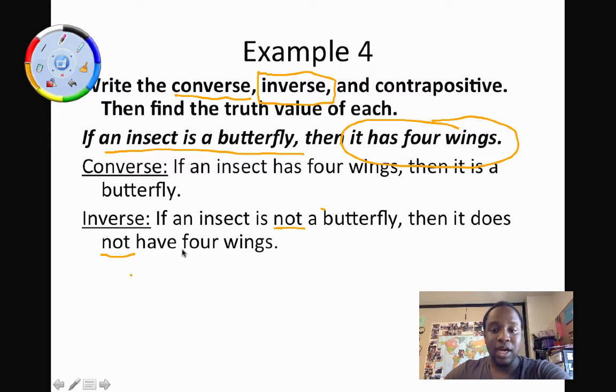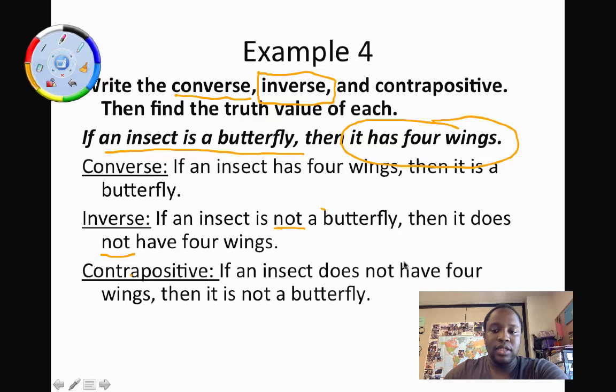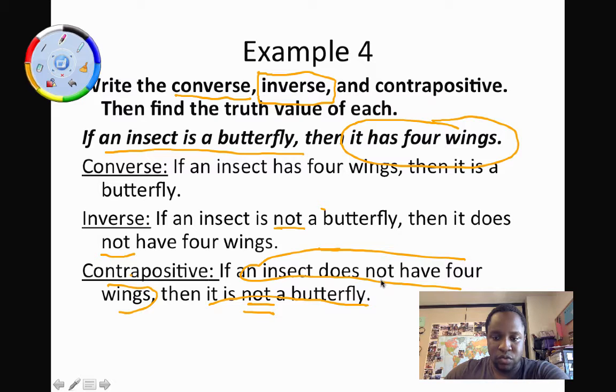And then lastly, the contrapositive is flipping and negating. So if an insect does not have 4 wings, then it is not a butterfly. So this is the conclusion, and here we have the hypothesis, and we'd have the nots as well.